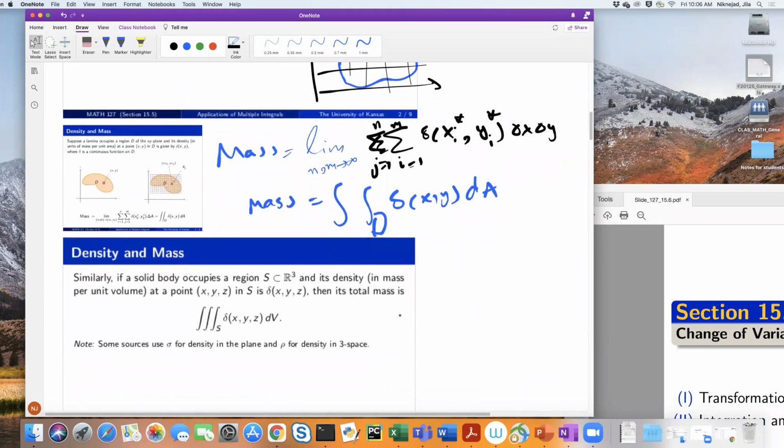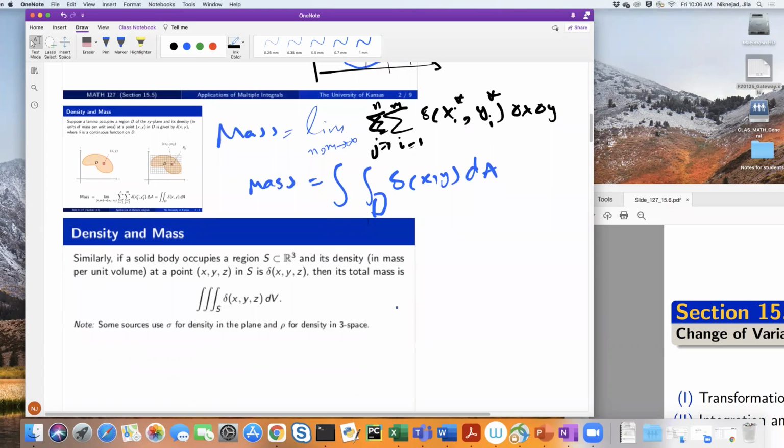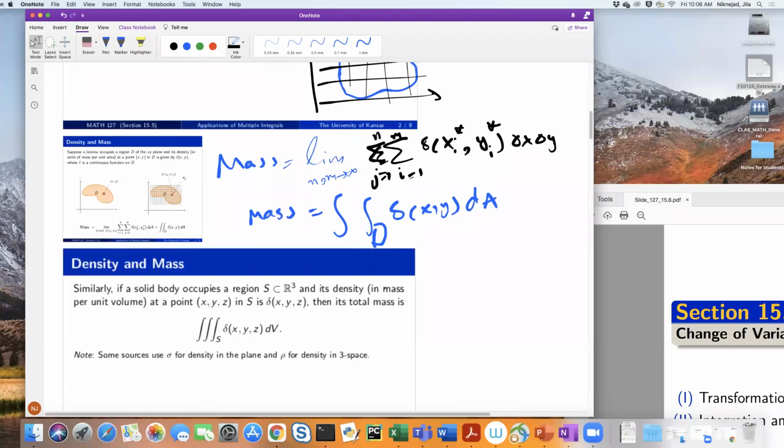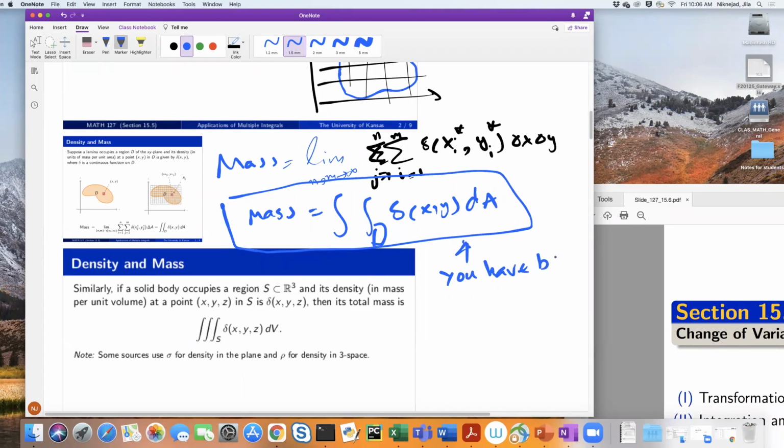And that's what we discussed so far. You've been using this without knowing why. This was the explanation of why this formula is true.